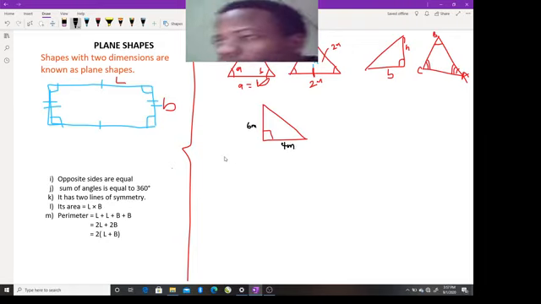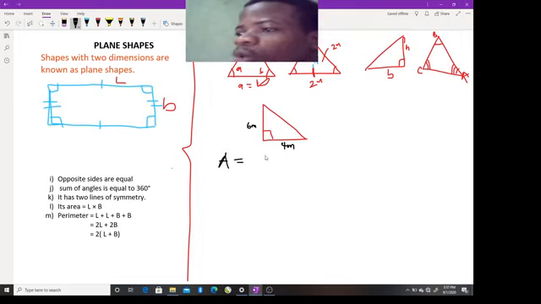So you have your A, your area. Area will be equal to 1 over 2 times the base, then times the height. That is equal to 1 over 2 times, what's the base?